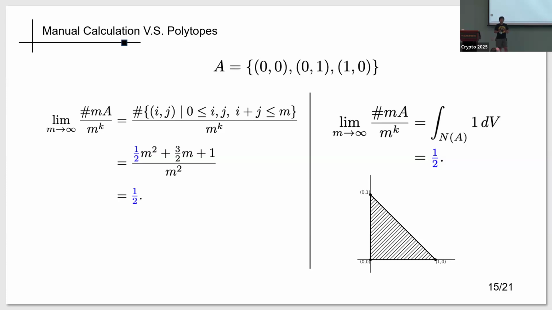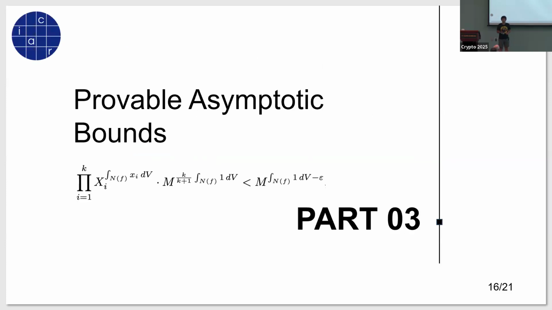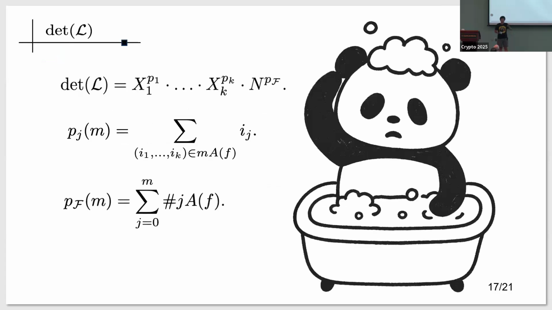Now we have already computed the dimension of this lattice, and we need to compute the determinant of the lattice. This inequality is our result. We can write the determinant as x1 to the p1 times ... times xk to the pk times n to the pf.